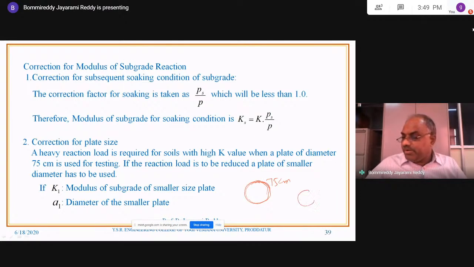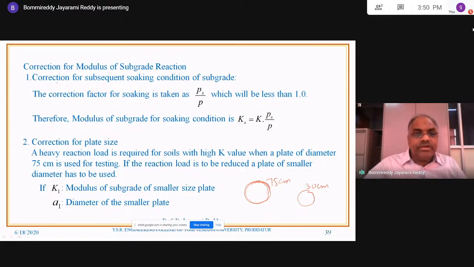The available plate may be say 30 centimeters. If a 30 centimeter plate is available, it can also be tested, but appropriate corrections are to be taken. And at the same time, when the soil is under soaked condition, we have to go for appropriate correction.